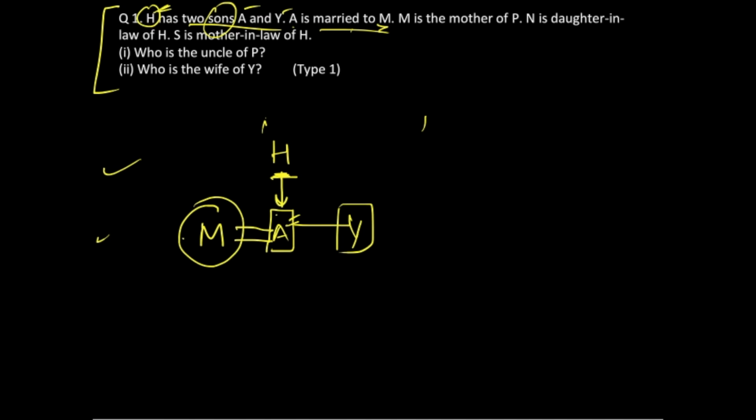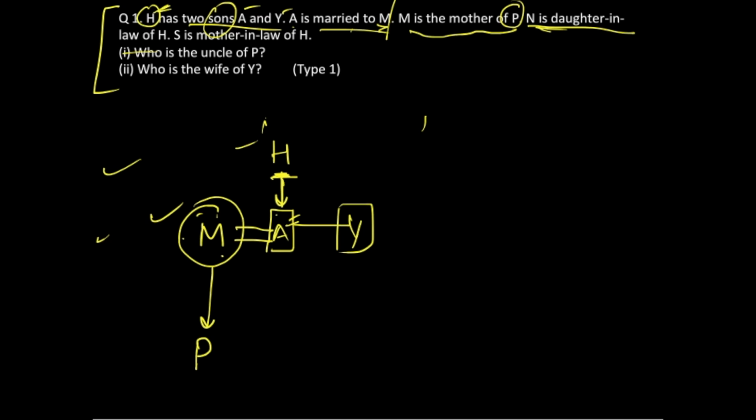So you have completed the part until here. It says that M is the mother of P. Now M is mother of, another generation comes in the picture over here, and you will write P over here. You don't know the gender of P now. It says N is daughter-in-law of H, right? So there's going to be a daughter-in-law involved in the question, and you know that since A is already married to M, M becomes daughter-in-law of H, right?